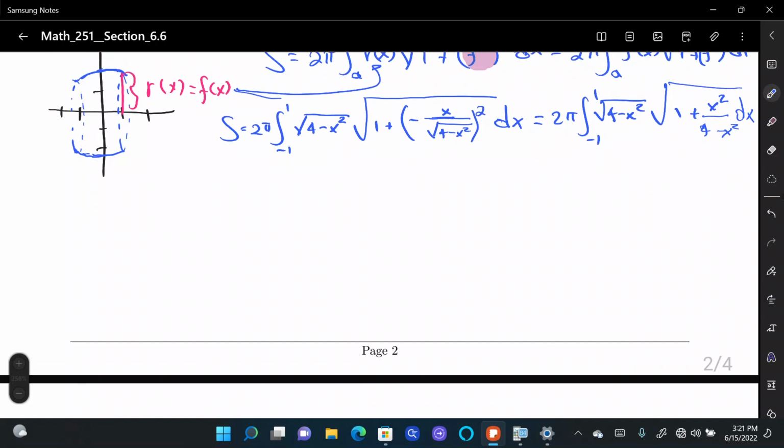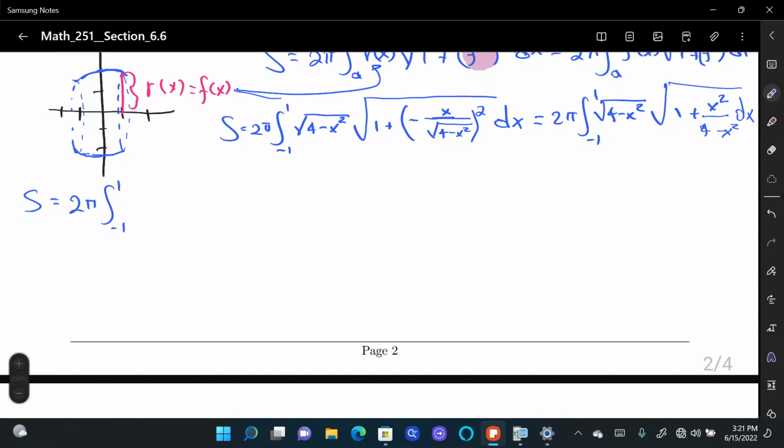So again, just like we did with the arc length problems, I think I'm gonna need to rewrite the whole integral to leave a space. This will be s equals 2 pi, the integral from negative 1 to 1. We will deal with the limits of integration, by the way.